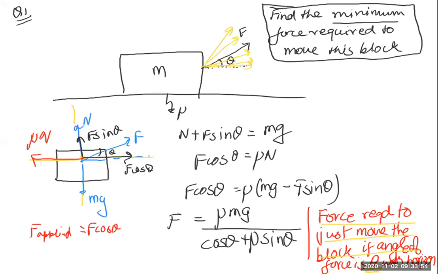और मुझसे पूछा जा रहा है कि भाई कितनी फोर्स मैं लगाऊं कि मिनिमम फोर्स मैं लगाऊं कि मैं इस ब्लॉक को मूव करूं। As we discussed, I think in the preceding lectures, that when you apply a force like this, what you are doing is that you are reducing the value of normal reaction. At the same time, you are reducing the value of the horizontal force that you are applying.